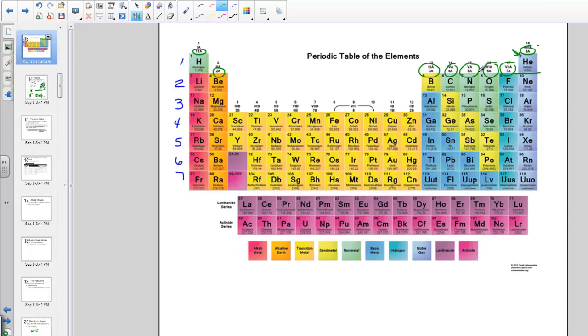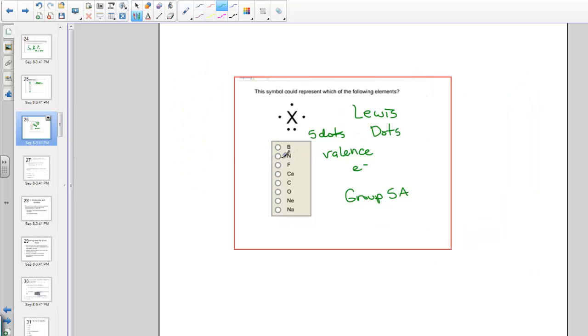Group 5A is nitrogen's family. I would select nitrogen or phosphorus or arsenic, antimony, or bismuth, the naturally occurring elements. Any of those would have 5 valence electrons.